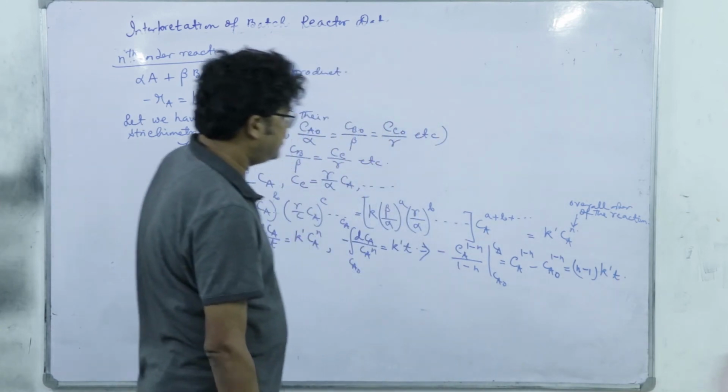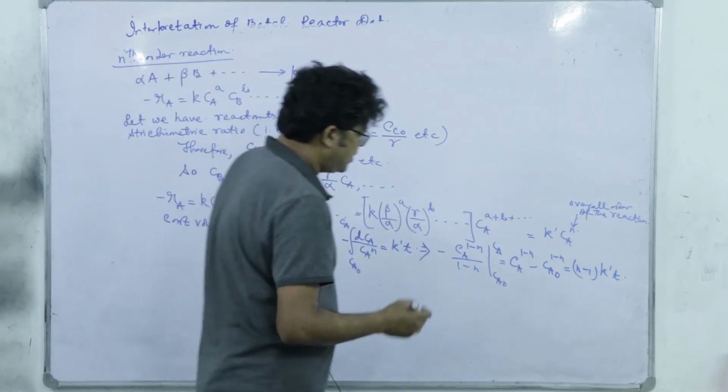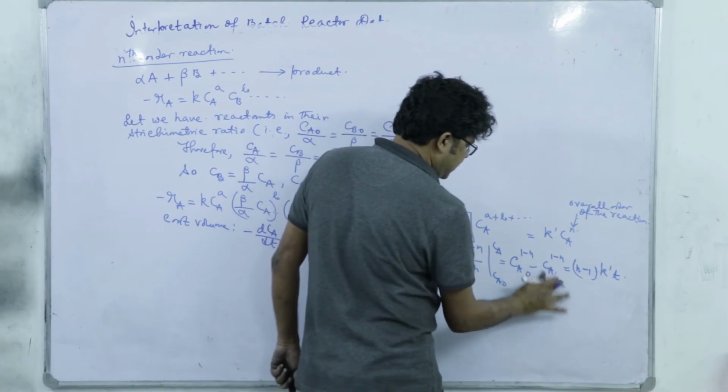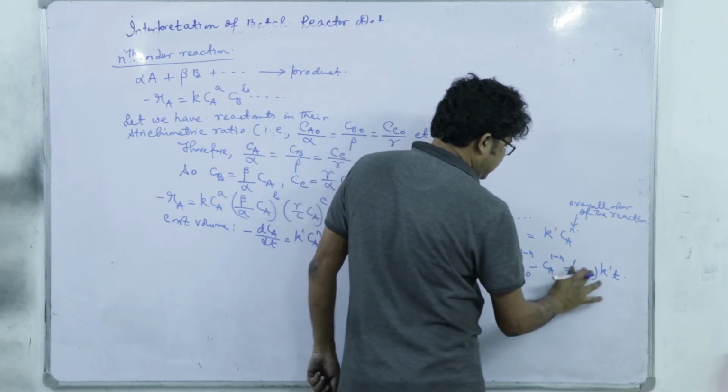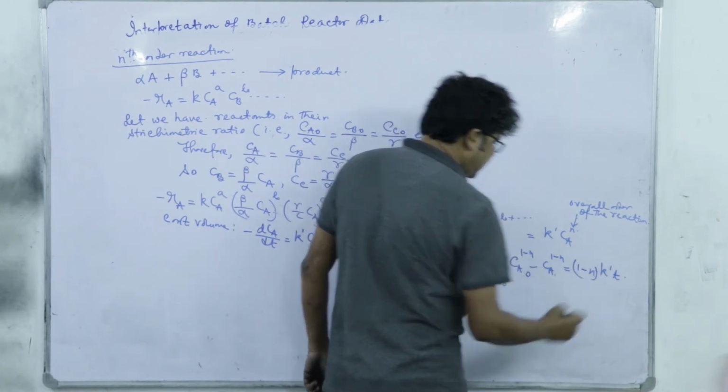So, that is the integrated form, or rather this will be negative. So, Ca naught minus Ca, and this is 1 minus n.